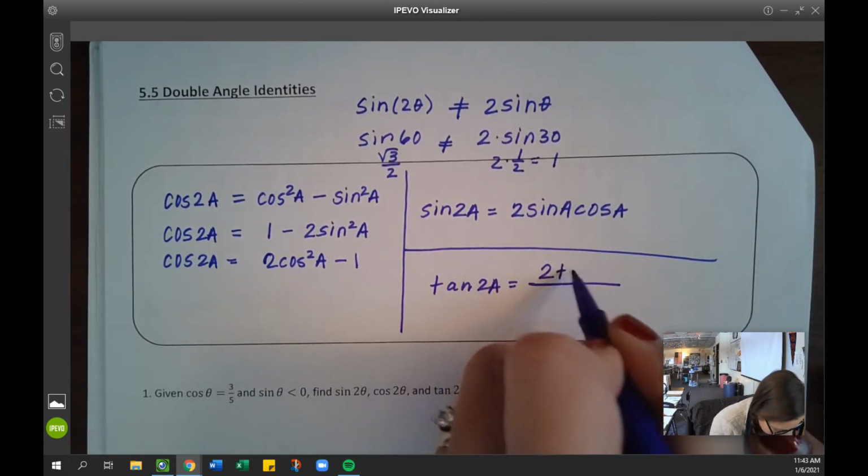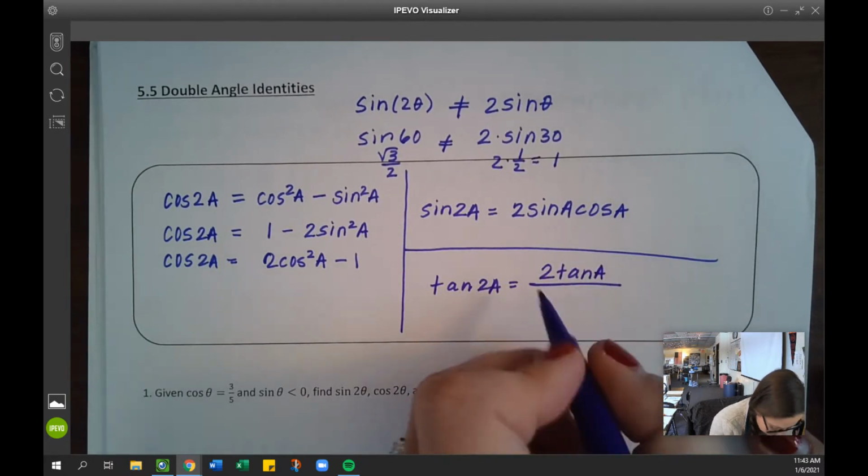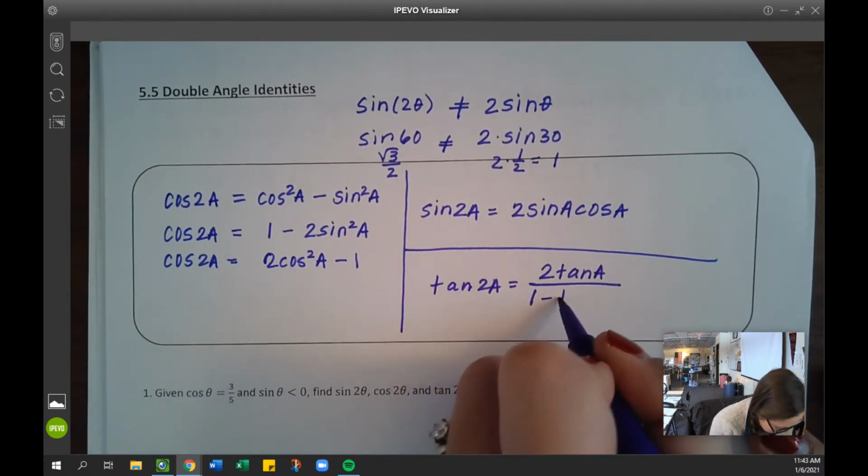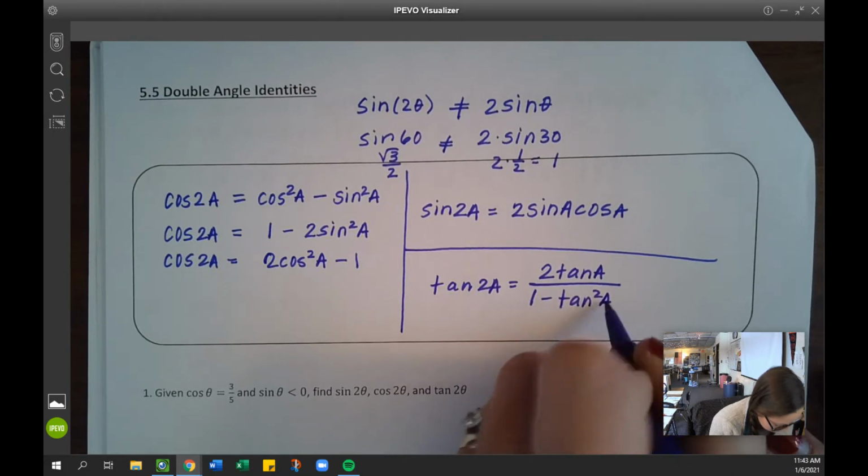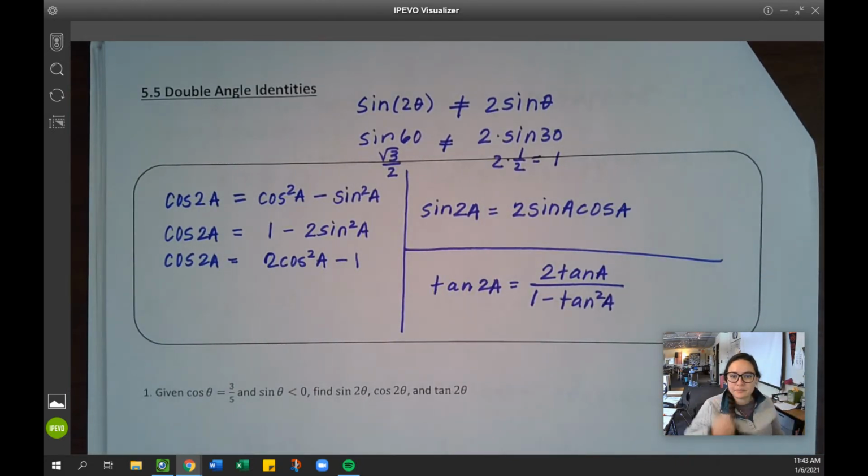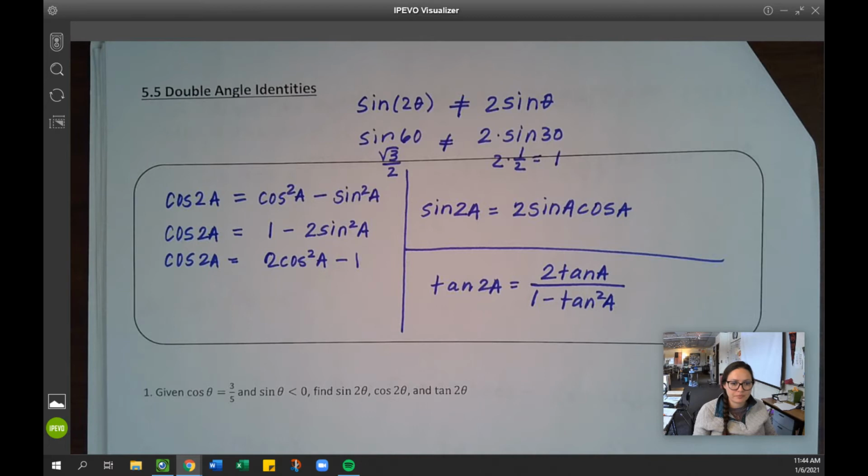It's 2 tangent A over 1 minus tangent squared. And those are our formulas. And we're going to keep referring back to them throughout the examples here. So make sure that you're ready to flip back and forth. Okay.